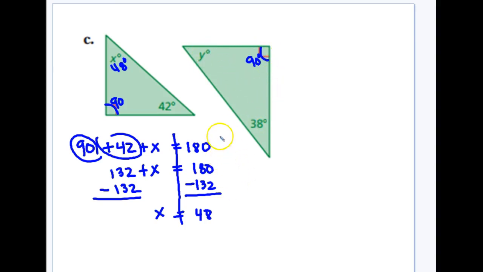So are these triangles going to be similar? These are not similar. Okay, so here's your alternative, right? If they are similar, then they're similar. But these triangles are not similar because they don't have two matching angles.